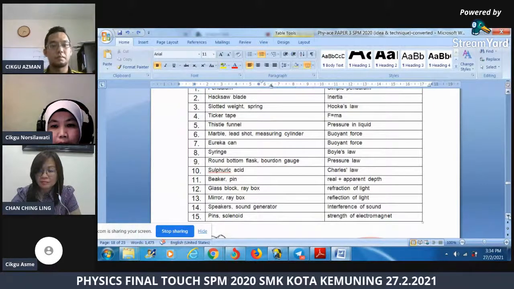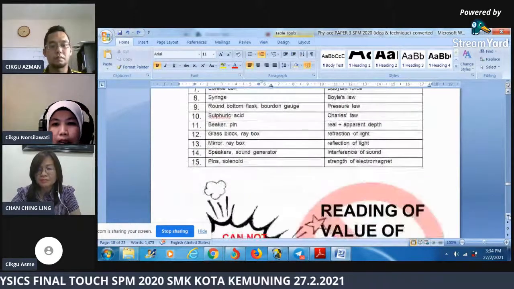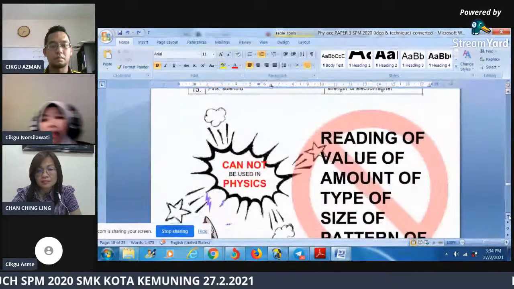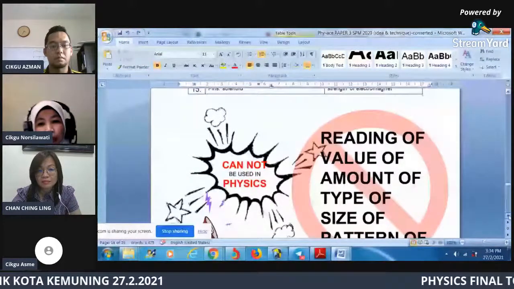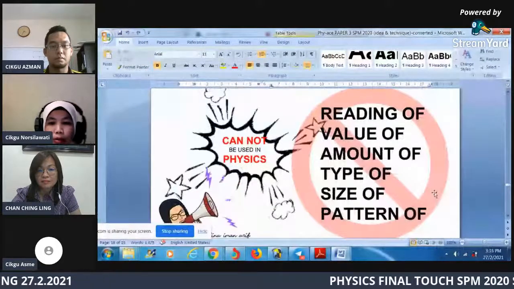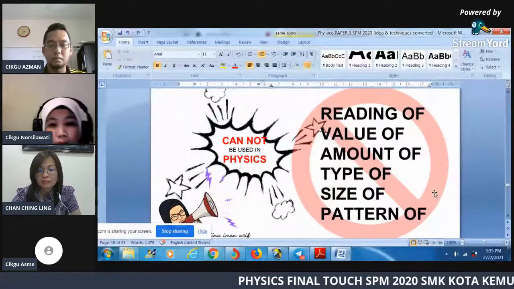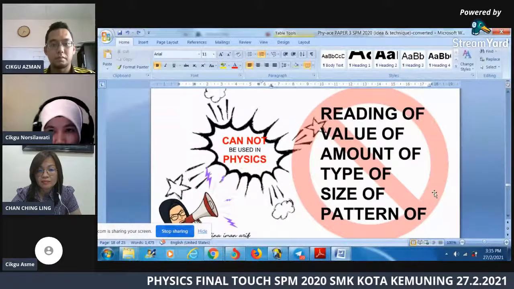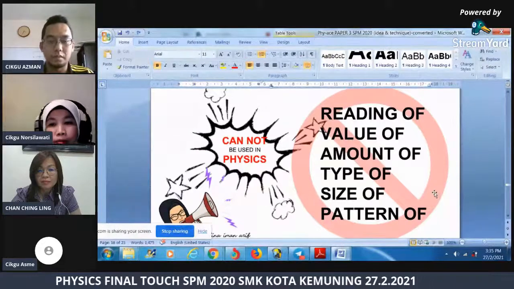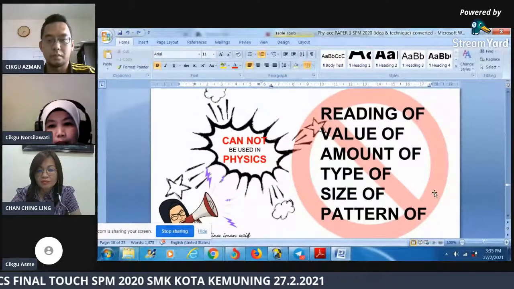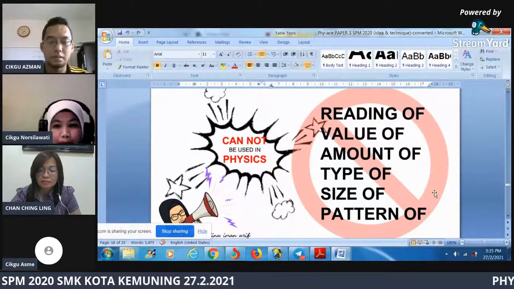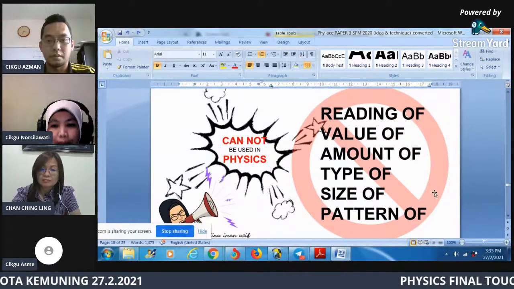This is an important reminder. These cannot be written when you want to write the constant variable or fixed variable: reading of, value of, amount of, type of, size of, pattern of.